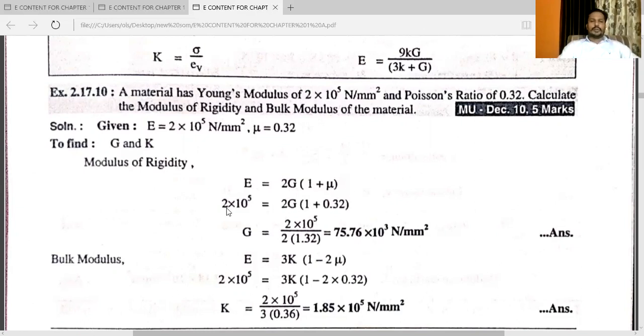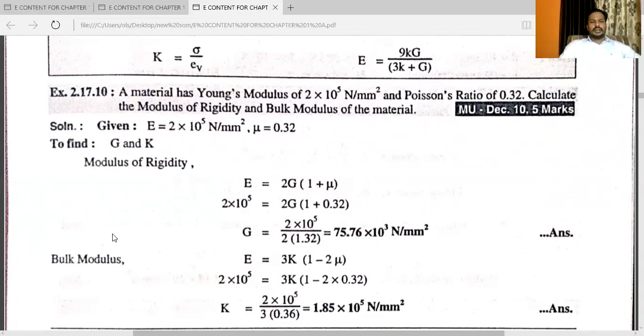After putting the values, 2 into 10 raised to 5 is equal to 2G in bracket 1 plus 0.32, and you will get the value of G. So G is equal to 2 into 10 raised to 5 upon 2 into 1.32. You will get G is equal to 75.76 into 10 raised to 3 Newton per mm square.